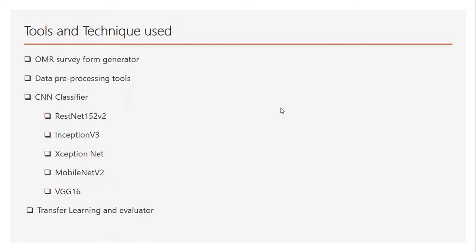To do that, we made some tools and techniques, and some of them we adopted from known sources. We made an OMR survey form generator to generate our survey form. To pre-process our data, we made a data pre-processing tool that can augment, label, and do the basic data pre-processing.